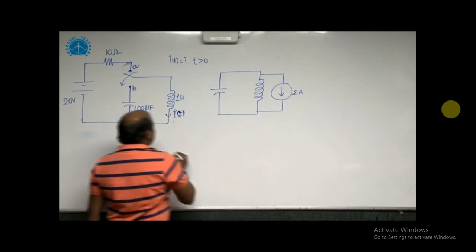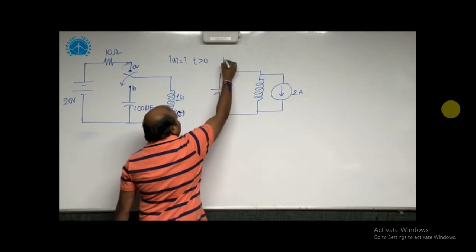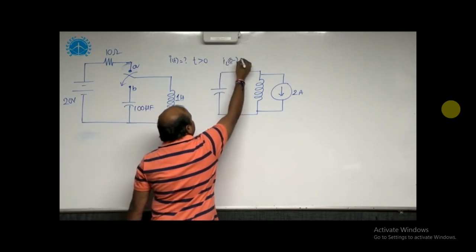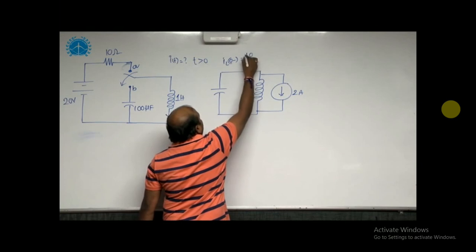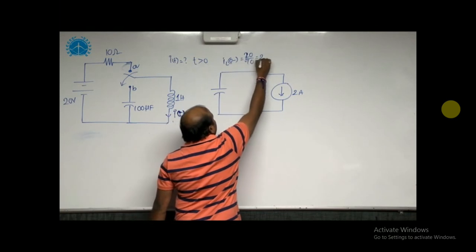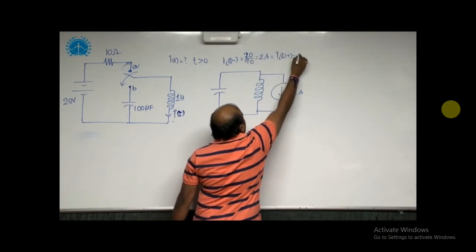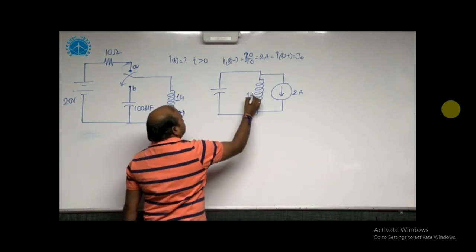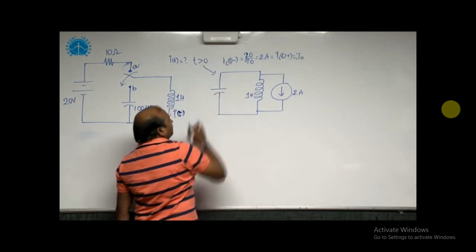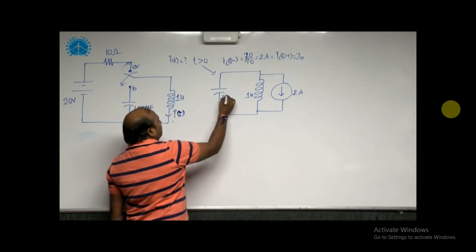We got that initial value from this circuit, IL of 0 minus, where IL of 0 minus is equal to 2, which is equal to 20 by 10, 2 amperes, which is IL of 0 plus, I naught. Now this is 1 henry. This is after t equal to 0, 100 microfarads.